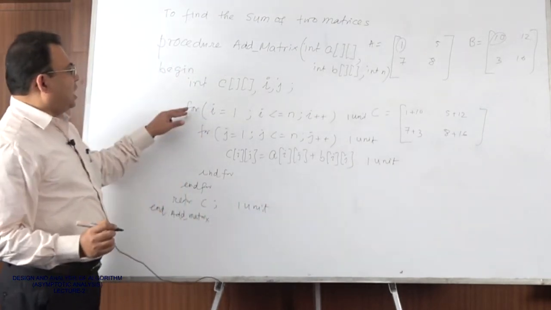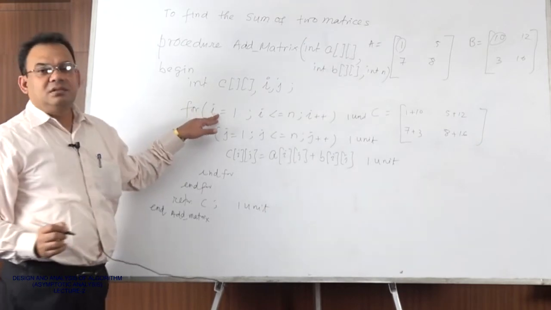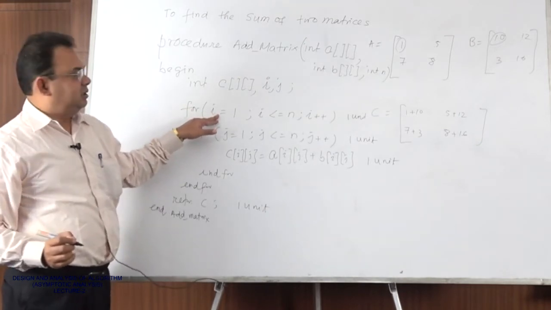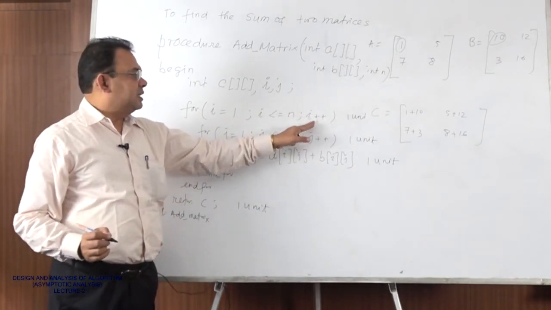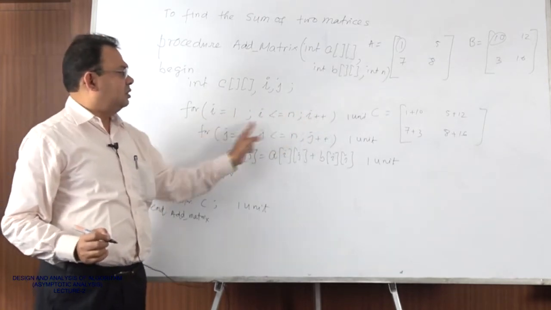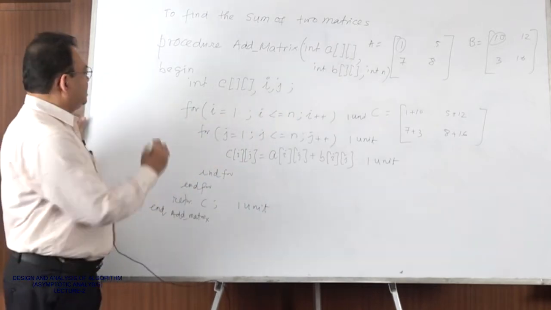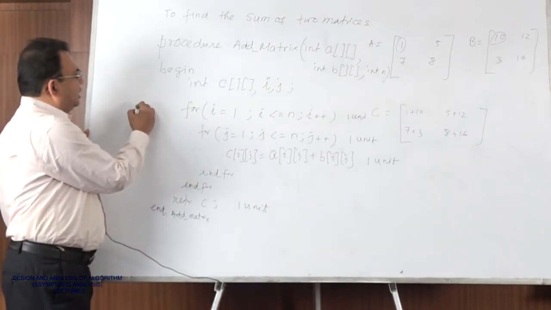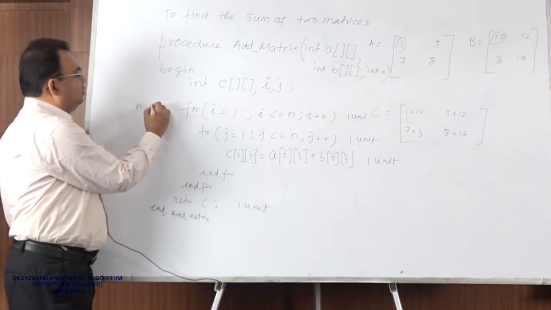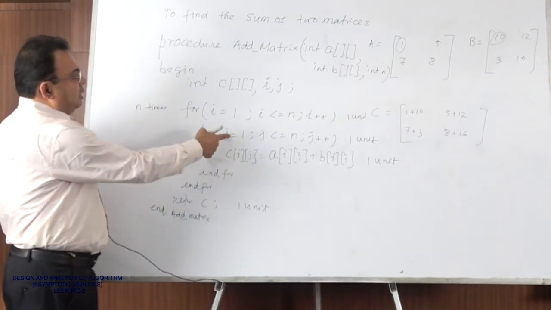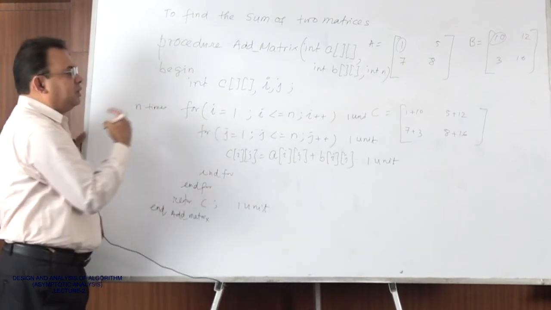Now let us count how many times each is executed. For i equal to 1 to n, all these steps together require n units of time. Now how many times will the inner loop execute?